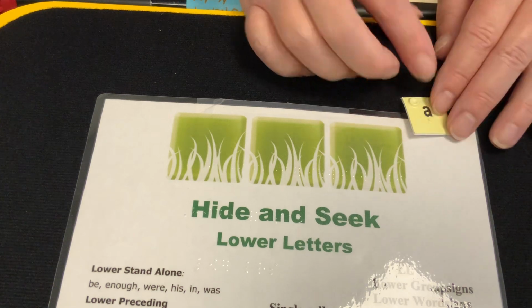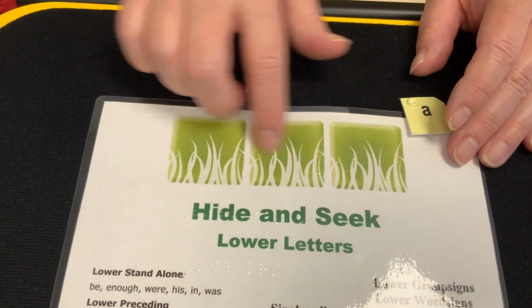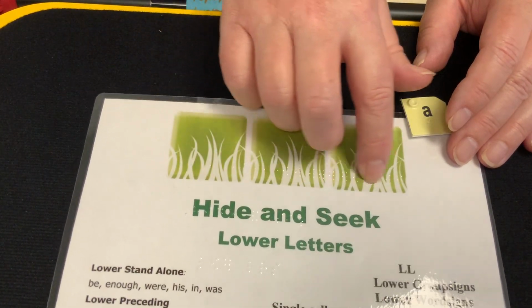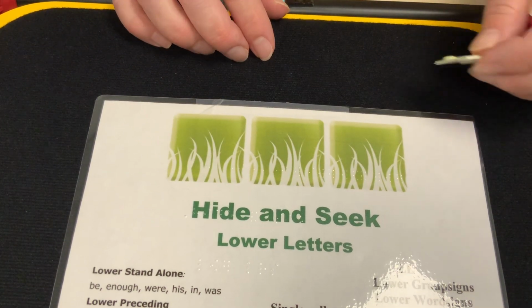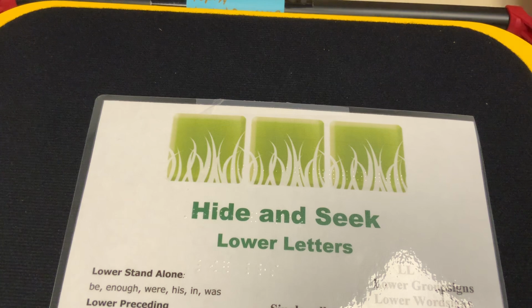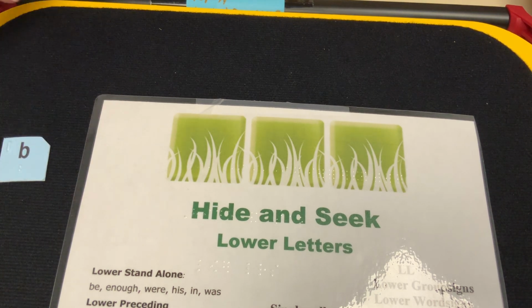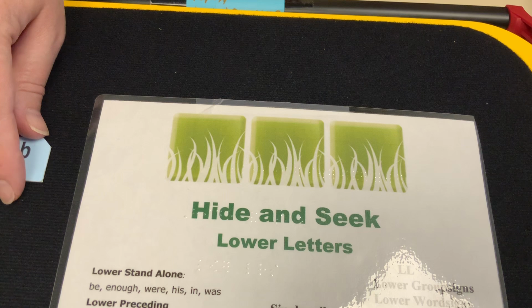So I go through, I use this grass here. I put a full cells in here so that it's tactile as well. And I take each letter and I go through it the same way. So I have a B, and it is the word B-E when it's by itself.